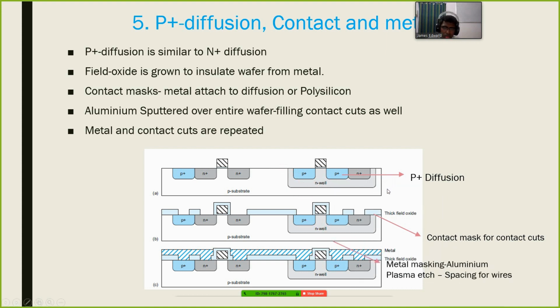Then we have a metal layer which is done using metal masking and plasma etching, where metallic layers are formed over the contact pads to act as regions where wires can be connected.